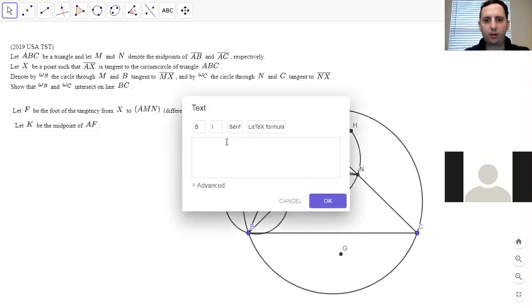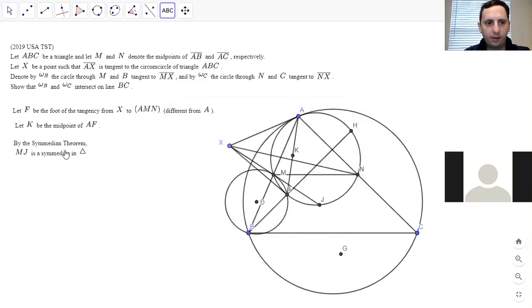I'll just say it by the symmedian theorem. MJ is a symmedian in triangle, I think it is MFA.